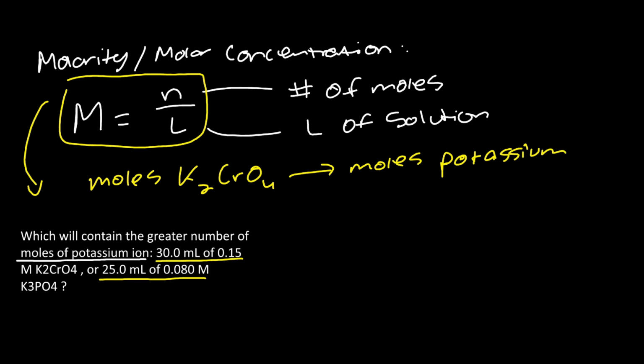As we know, using m equals n over L, we are given m and L, which means we can find n.